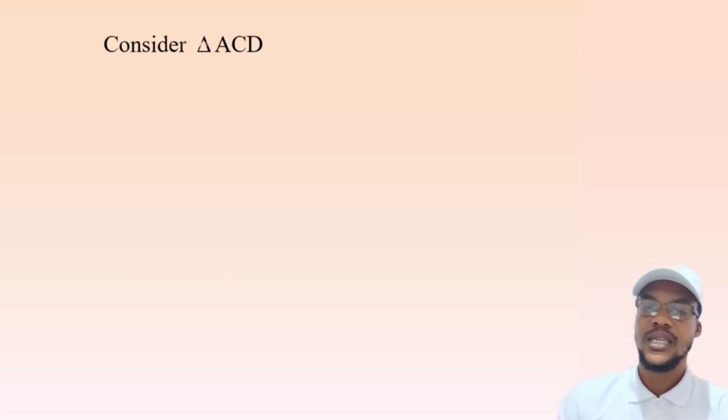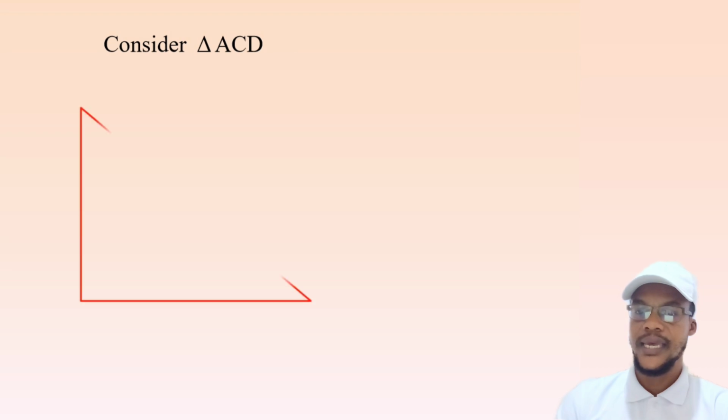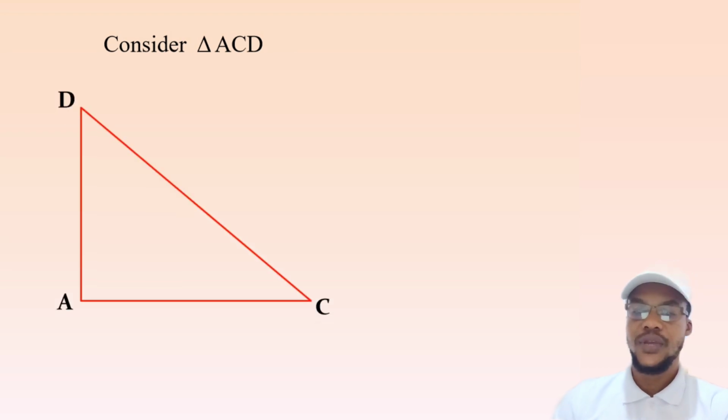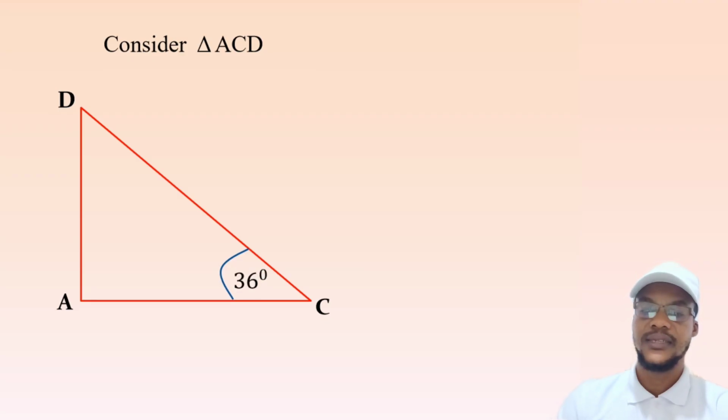Once we get the value for P, we can proceed and look out for the other side. So we can also consider triangle ACD, which we have as the bigger triangle. It is a right angle triangle, the angle formed is 36 degrees, and we still have the height as 100 meters.